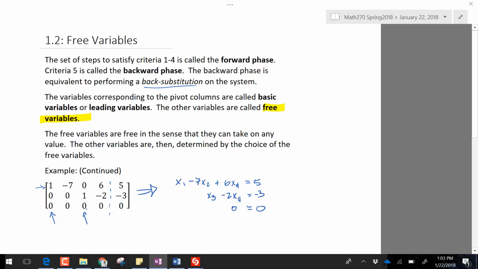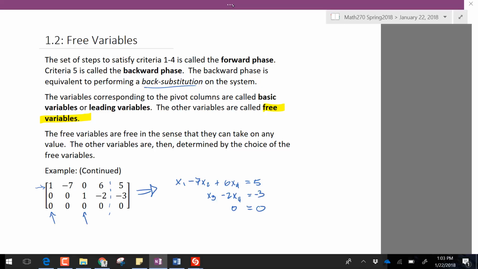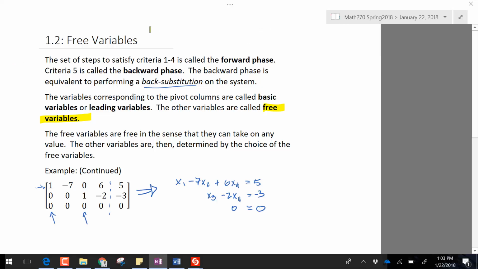First and third columns are pivot columns, and so we have basic variables in the first variable and the third variable, x1 and x3. Okay, our free variables are coming in the other columns. So we have a free variable in x2 and a free variable in x4.